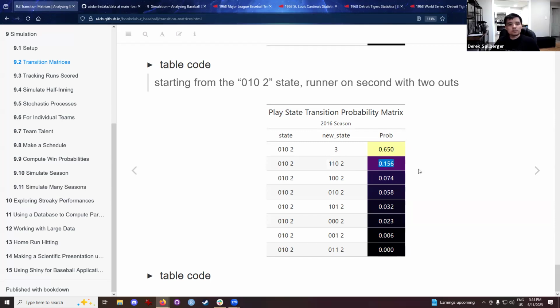So this will include situations where the opposing manager asks for an intentional walk or the catcher intentionally called for pitching around the batter and to make it a little easier for the force out. We also see the situation here, runner on second, two outs to no base runners and two outs. And we once again realize this is a home run outcome. In those situations, that happened about 2% of the time.